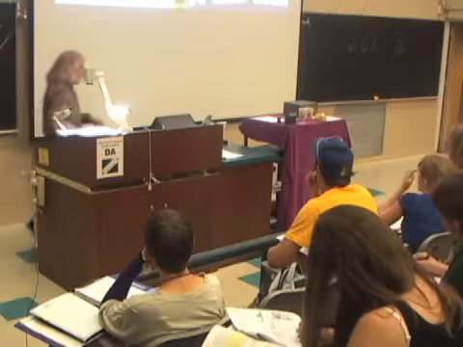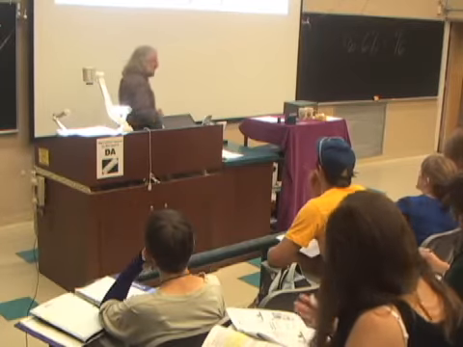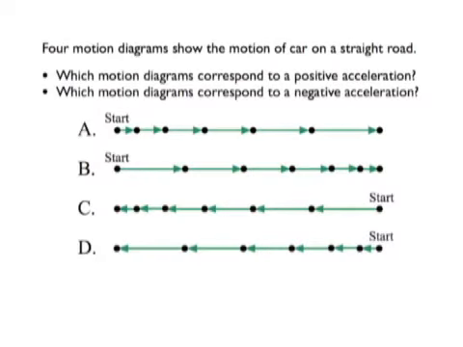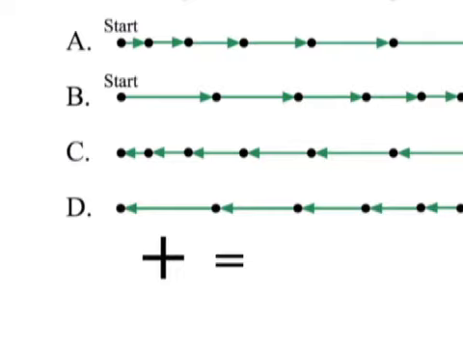So I want to take a look at some motion diagrams. And these are motion diagrams of a car moving on a level road. I'm going to ask this question. Which motion diagram or diagrams corresponds to a positive acceleration? Now, we define things that point to the right as positive, right?